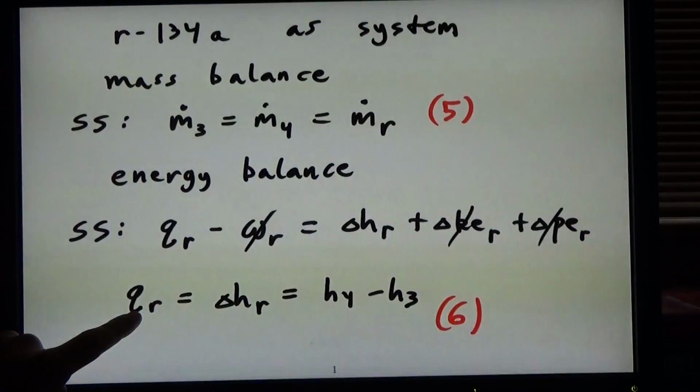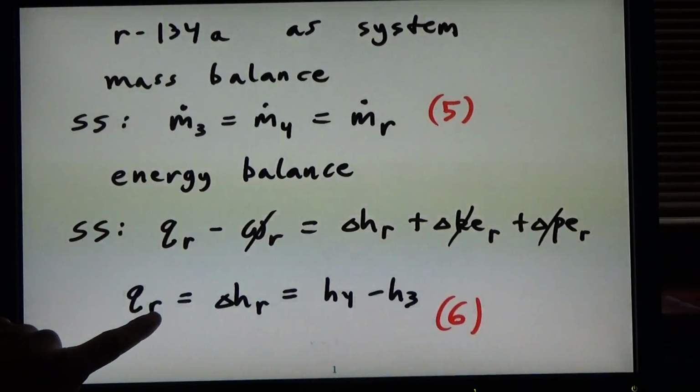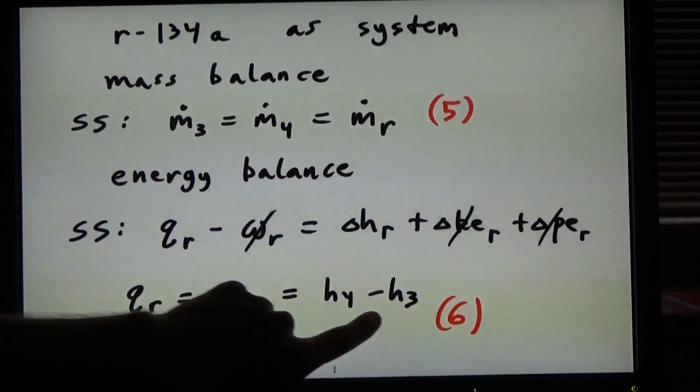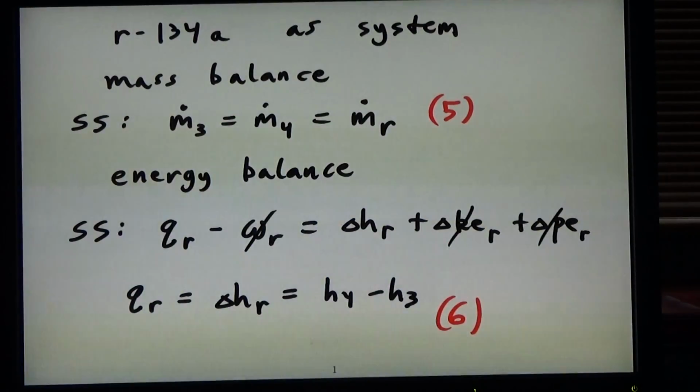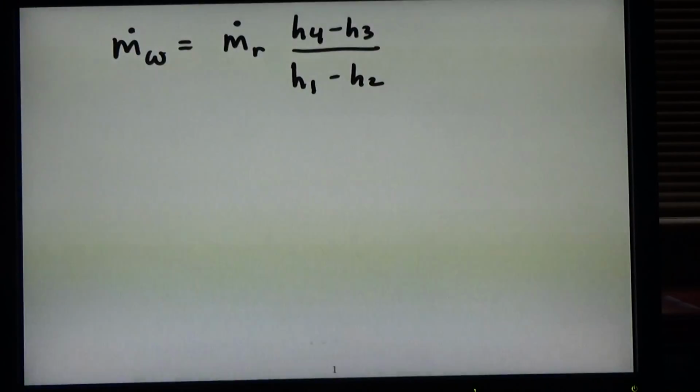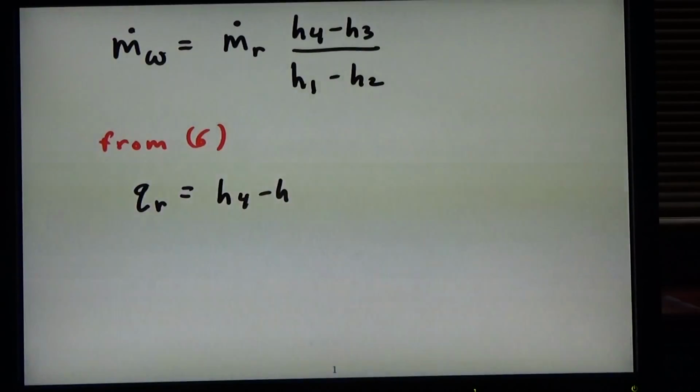So we have the heat transfer from the refrigerant per unit mass. From equation 6, we know that Q sub R is equal to H4 minus H3.